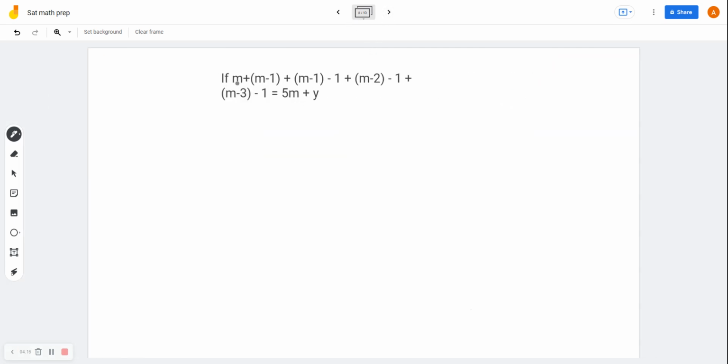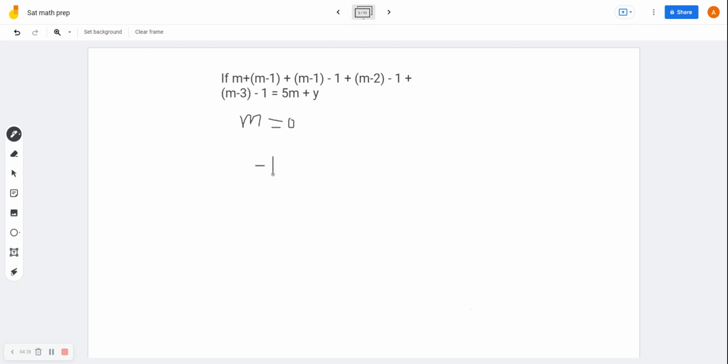Next one. If m plus m minus 1 plus m minus 1 minus 1 plus m minus 2 minus 1 plus m minus 3 minus 1 equals 5m plus y, then what is y? So you can do a quick trick here and just put m equals 0.